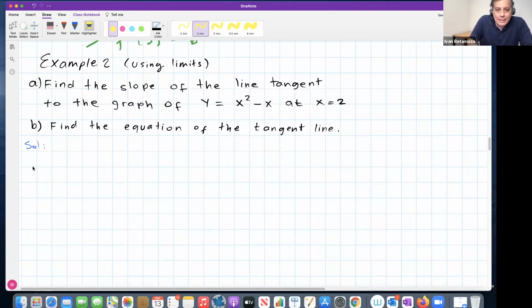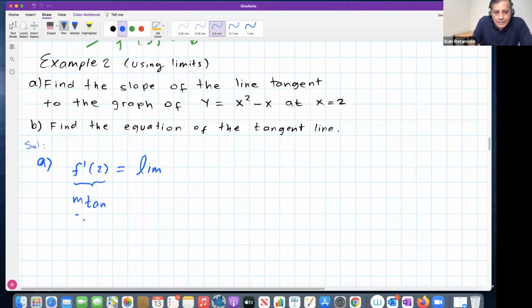All right, so for part A, in order to find the slope of the tangent line, I need to find the derivative of the function at x equals 2. That derivative, f prime at 2, can be computed as this limit, and this is going to be just the slope of the tangent line at x equals 2.